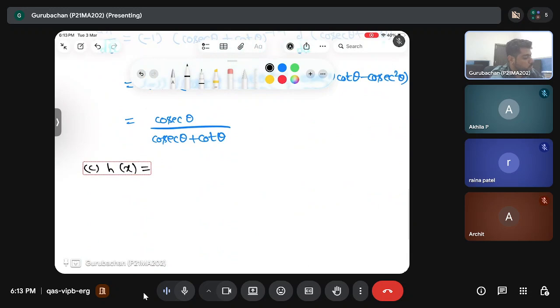So the next one is h of x equals x tan of 2 under root x plus 7. The other part is q of t equals sin t divided by under root of t plus 1.